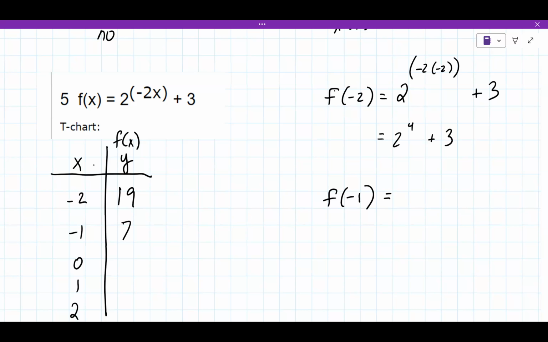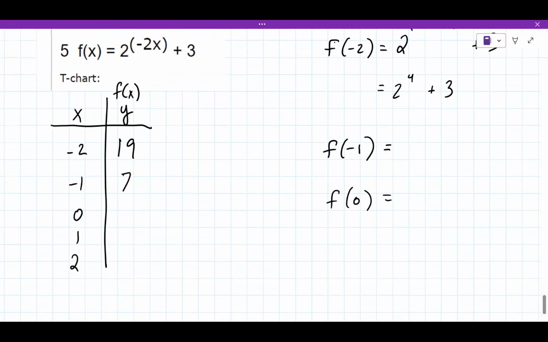Okay, very good. And let's do f of 0. Have you do that next. It would be -1. Try again here. 2 to the power of -2 times 0 plus 3.